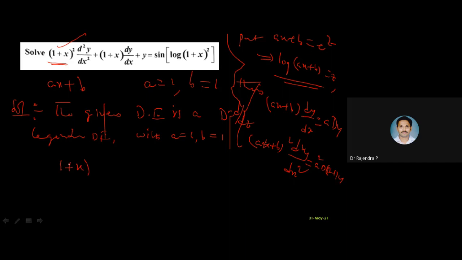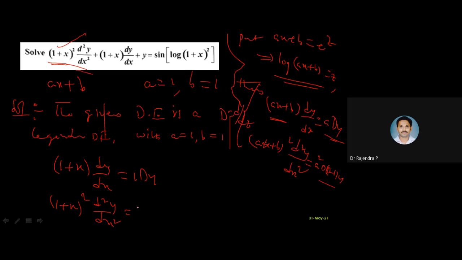1 plus x dy by dx. Here, ax plus b means 1 plus x dy by dx is equal to, what is the shortcut? A into D y. What is the value of a? 1. So 1 into D y. 1 plus x whole square d square y by dx square, the second term, the shortcut is a square D into D minus 1 into y.